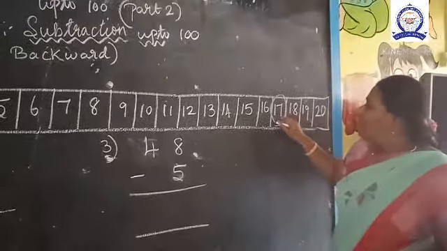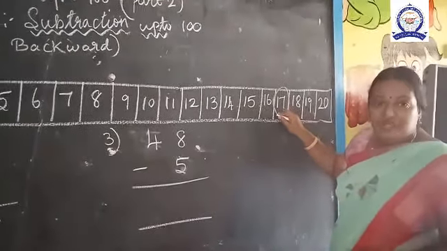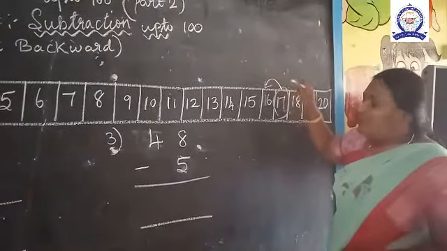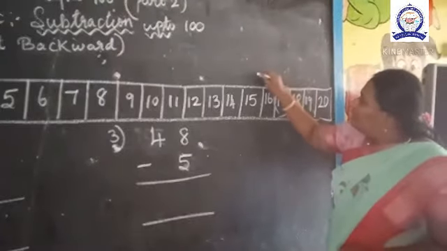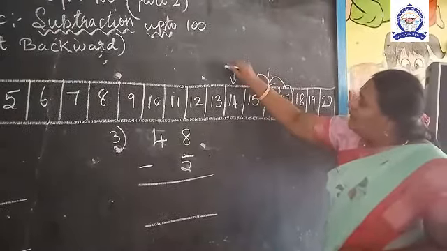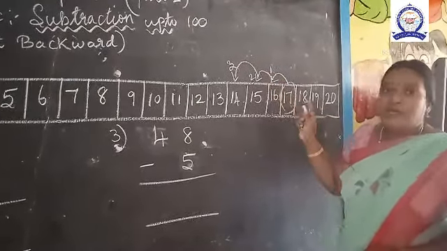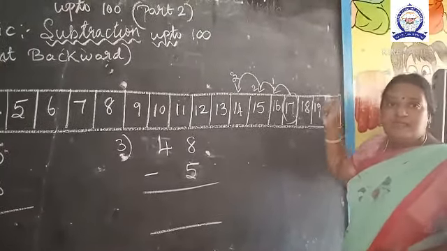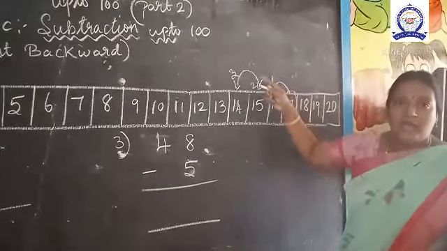So from 17 you have to subtract 3. So you count backward, that is the left side, 3 places. 1, 2, 3. Addition we count forward, that is the right side. Subtraction we have to count backward.